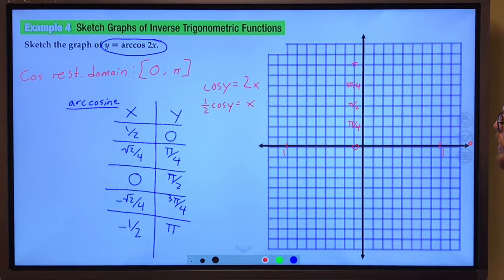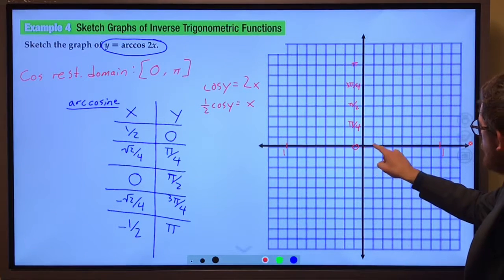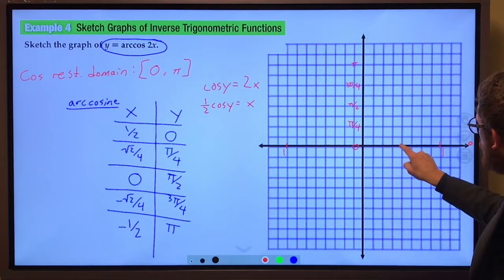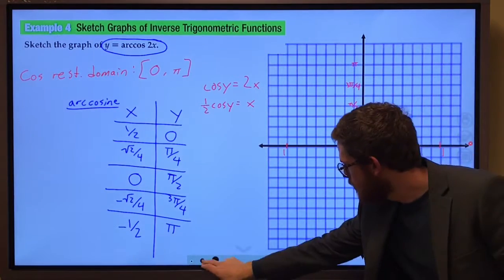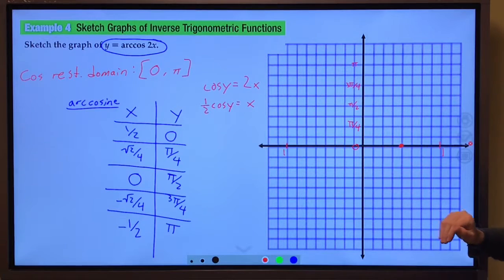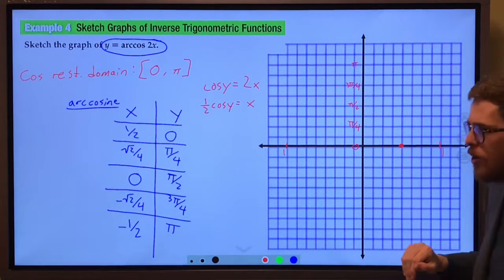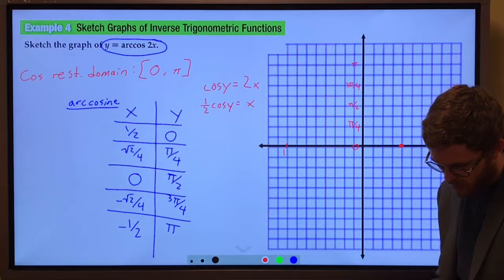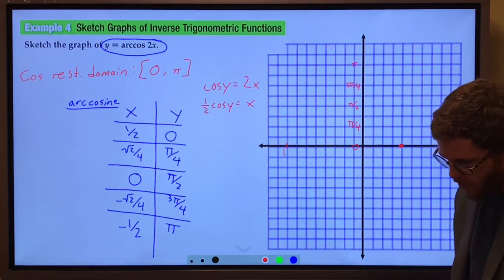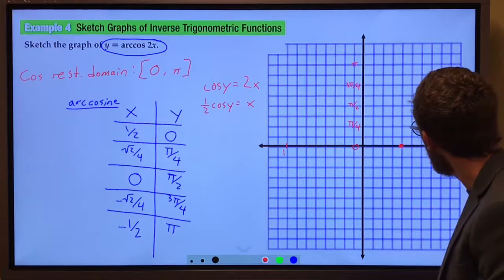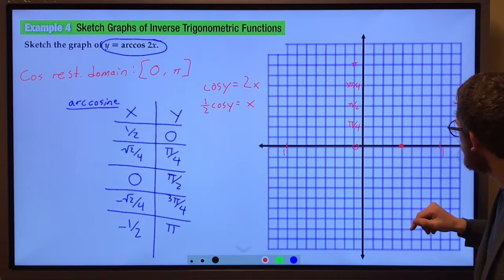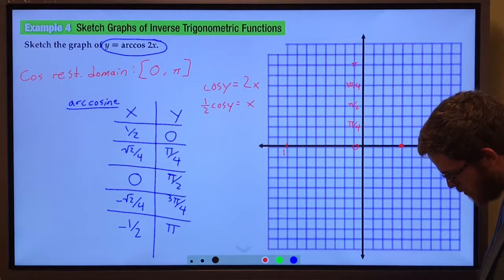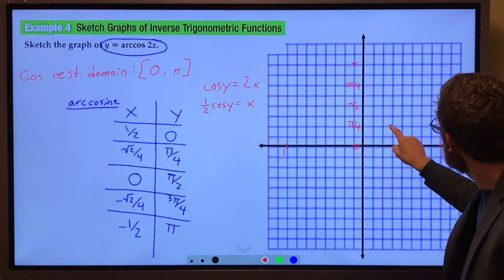So when our x value is a half, our output's 0. When our x value is root 2 over 4, let's get that as a decimal. Root 2 over 4, we have a point, about 0.35. So this is 5. It'll be about here.